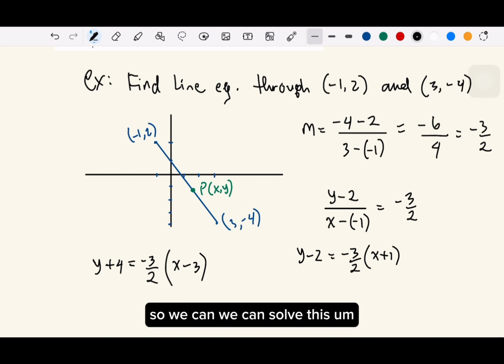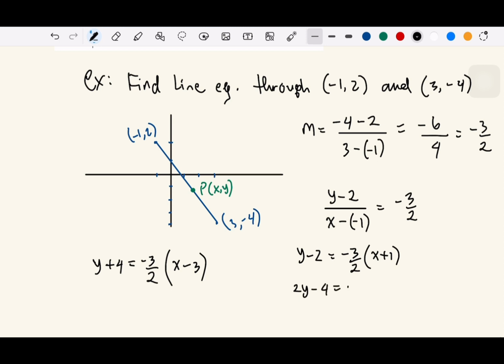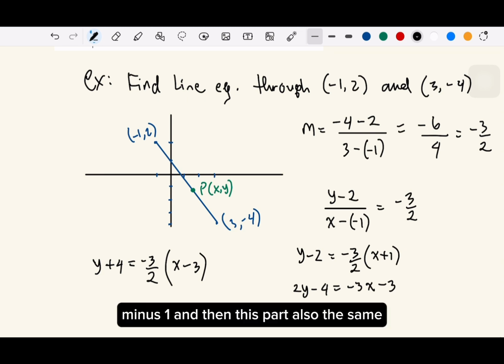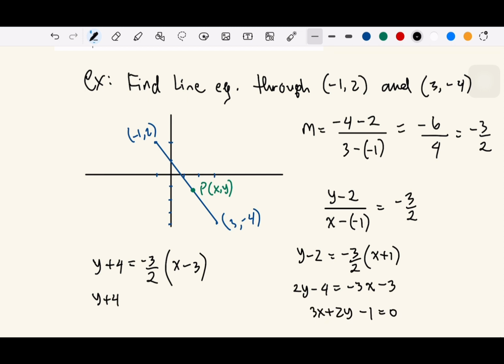So we can solve this. Let's say we multiply by 2. So 3x plus 2y minus 1. And then this part is also the same.